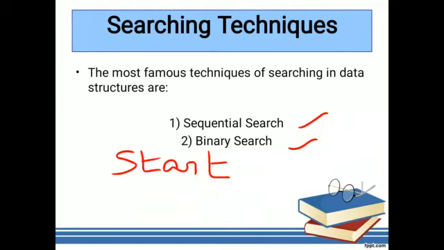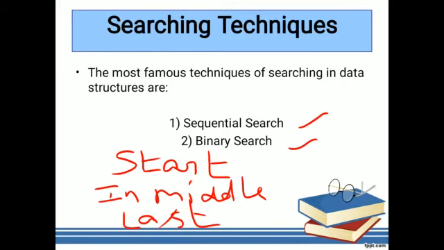Then the time complexity is very low, and this is the best case. In some cases, the element is in the middle of the list, at any position; it may be second, third, fourth, fifth, or sixth, like that, anywhere the element will be found. That is another case. And the last one is that the element is located at the last position.